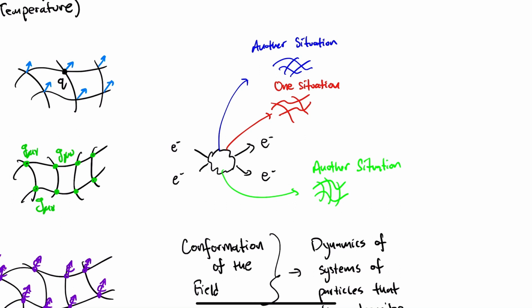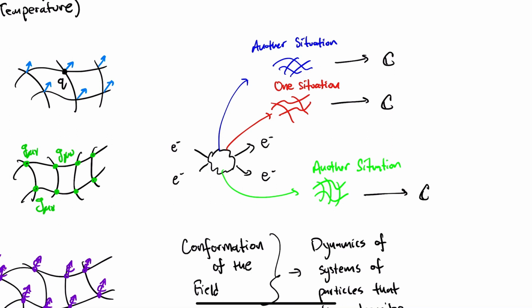And each one of these situations, or each one of these conformations, is mapped to some number that we can measure. Okay? And these are complex numbers. They're not real numbers. Right? There are two real numbers that make up a complex number. We won't quite go into that.